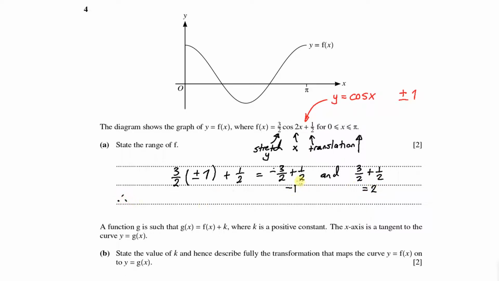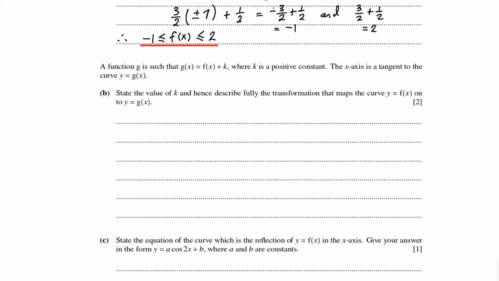And therefore, these two values will become the range of the function f of x. So it will be from minus 1 to 2. So this here is our answer. This is the range of the function. Let's scroll down to part B.